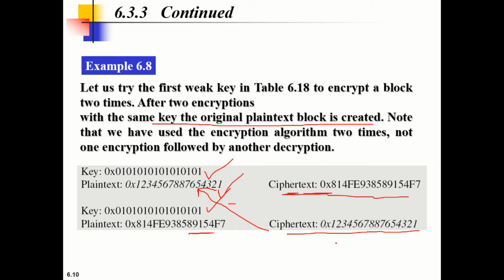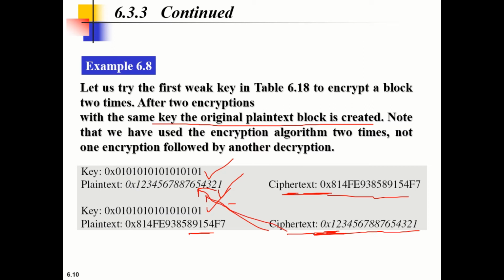Okay, now how does it do that? Because the attacker can easily try that if it intercepts the ciphertext, and after two encryptions, it gets the value of the ciphertext as the initial plain text.